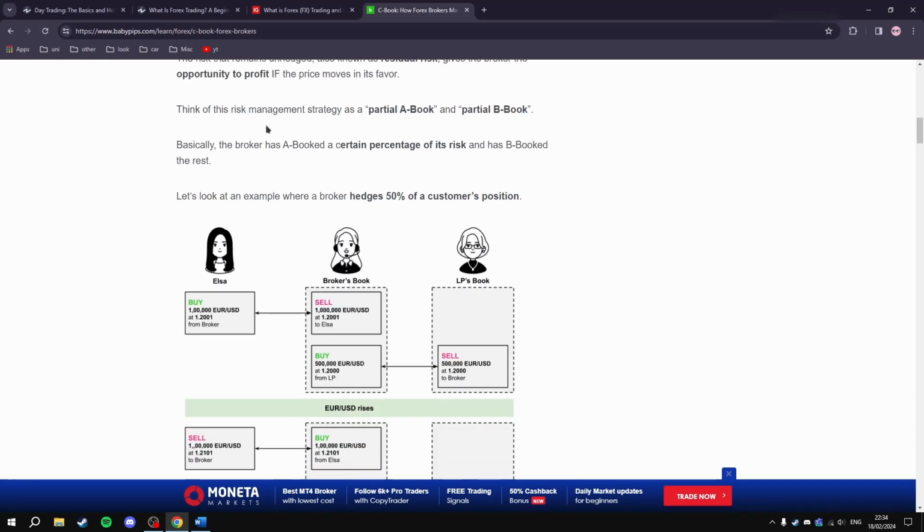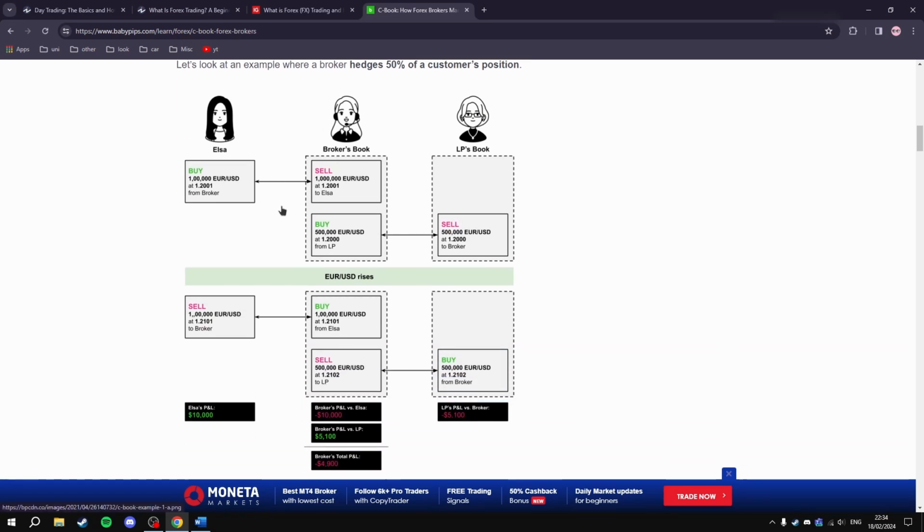Let's look at an example where the broker hedges 50% of a customer's position. So we've got Elsa, the Donny, back again, with 1,000,000 Euro USD at 1.2001, buying from the broker.